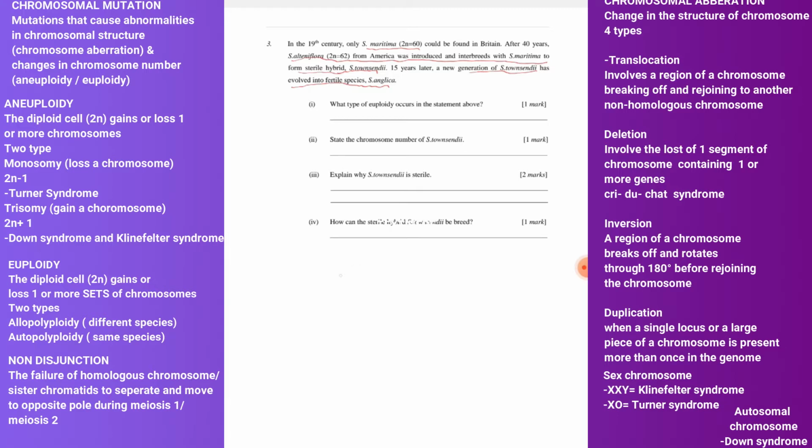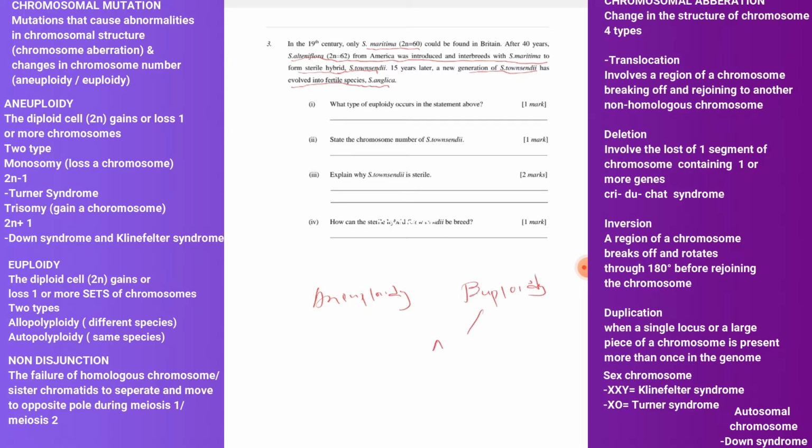Remember, in chromosomal mutation, it will alter the structures and alter the numbers. The numbers differ into either aneuploidy or euploidy.